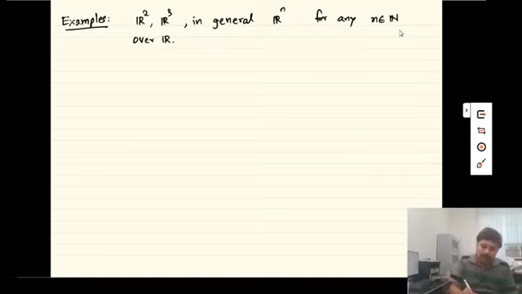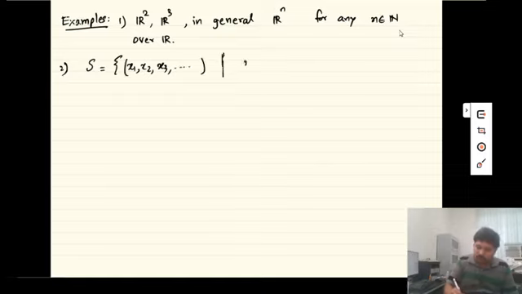What are other examples of vector spaces? Some interesting examples of vector spaces we'll see. So for example, you consider the set S to be the set of all infinite sequences x1, x2, x3, and so on and so forth, where xi is in R for each i belonging to the naturals.